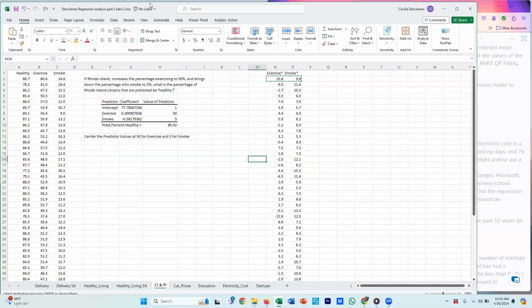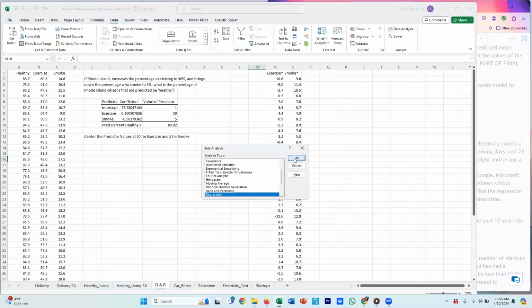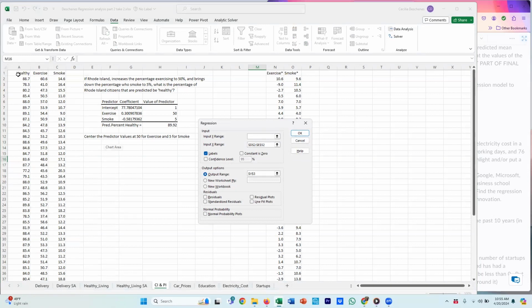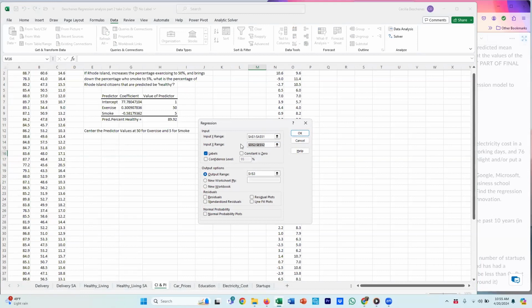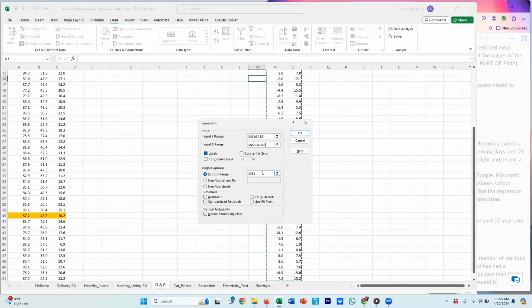I'm going to run a regression on this because I need to run that regression to get my new centered standard error of the point estimate. So this should be changed. Let's grab that healthy data, and let's change our predictor values to these centered values.